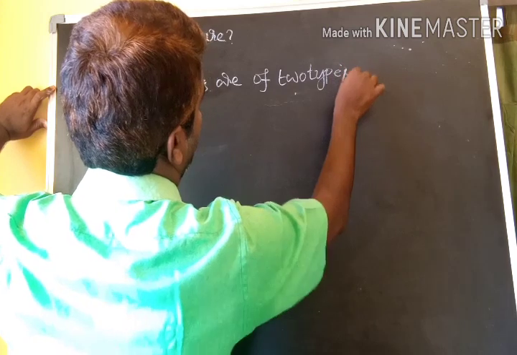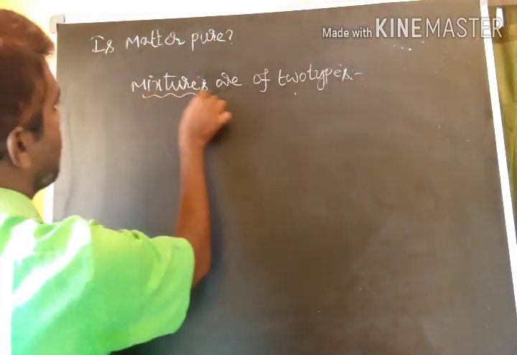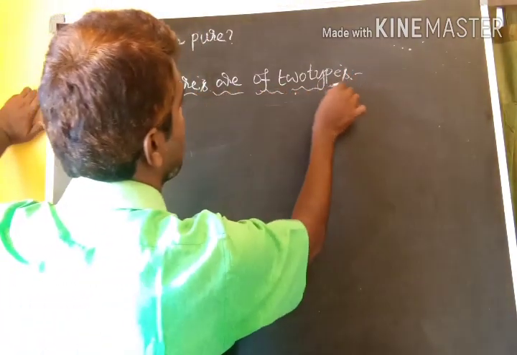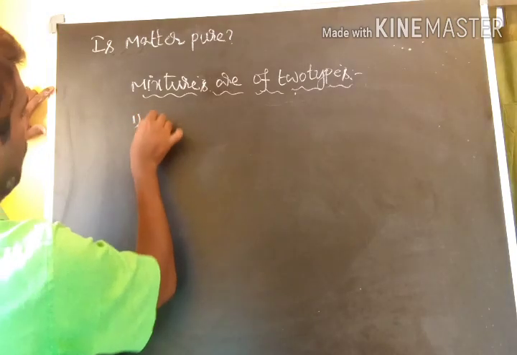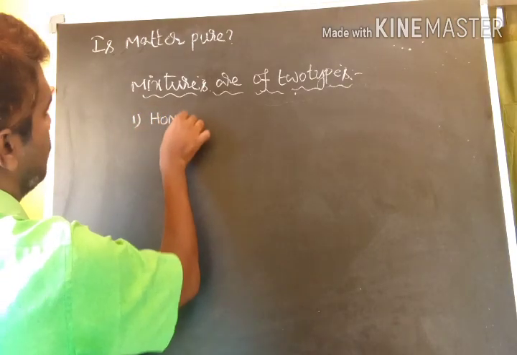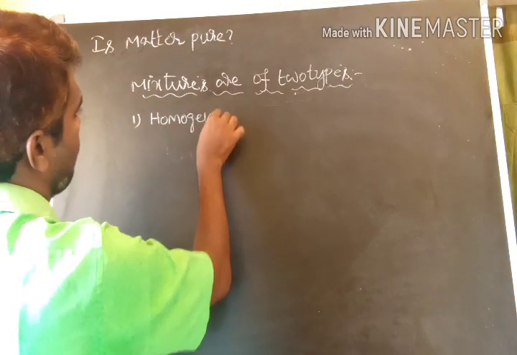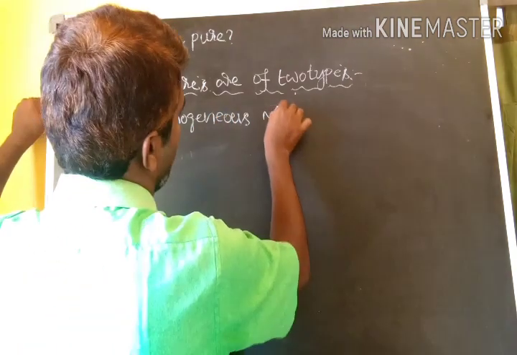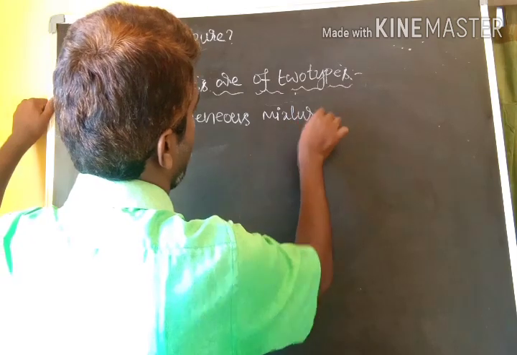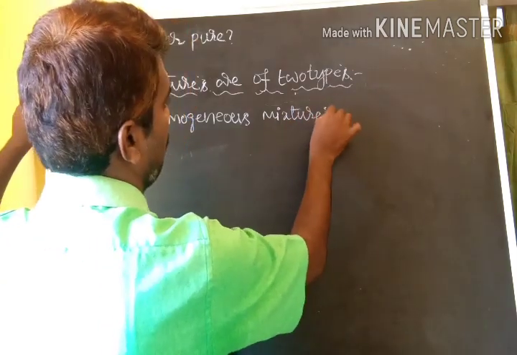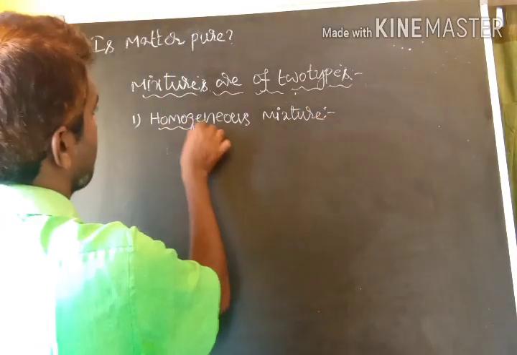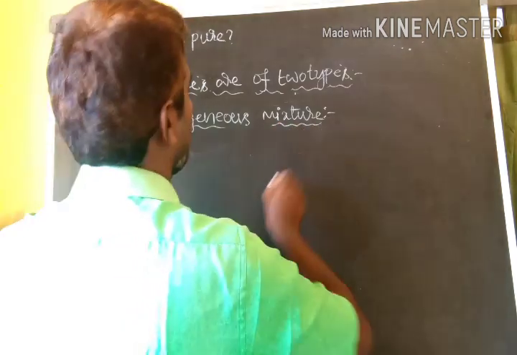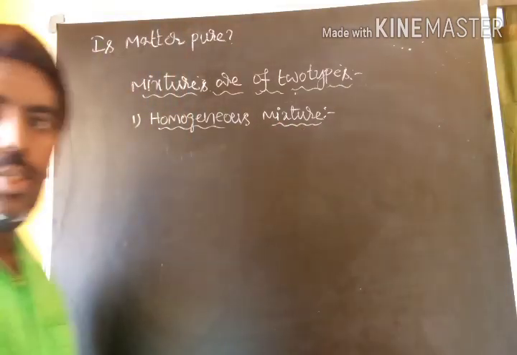Mixtures are of two types. One is a homogeneous mixture.